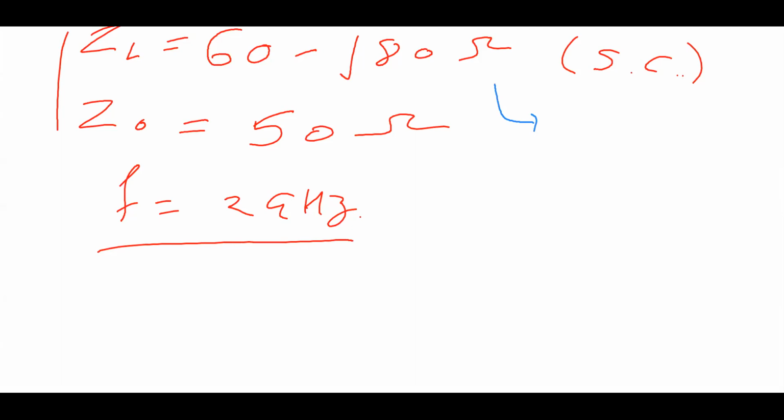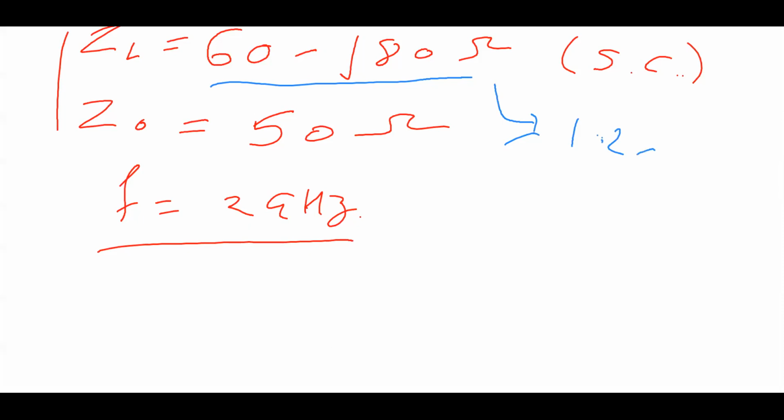Can anyone tell me the normalized value of ZL quickly? For normalization, we divide by 50, because 50 is the characteristic impedance. So if I normalize ZL, what value will it have? 1.2 minus... quickly. 1.2 is correct.